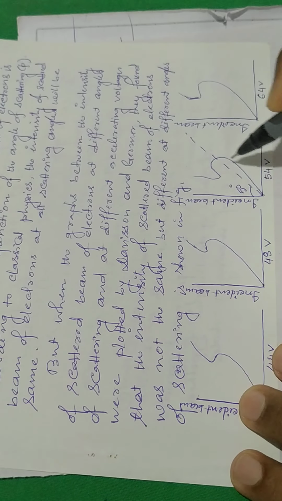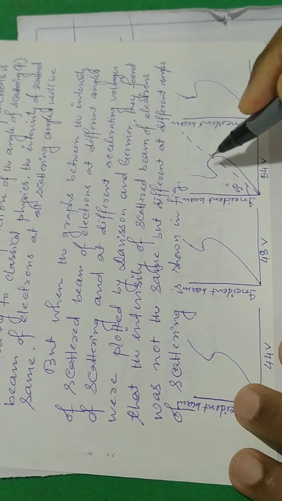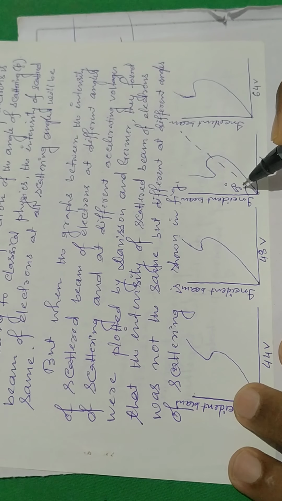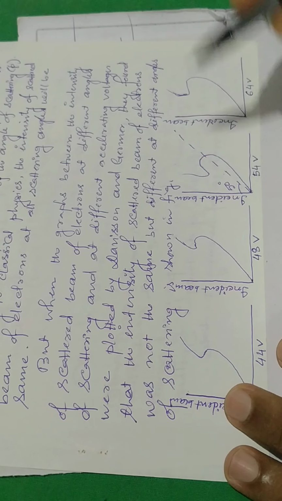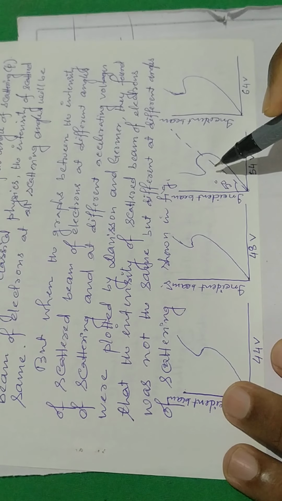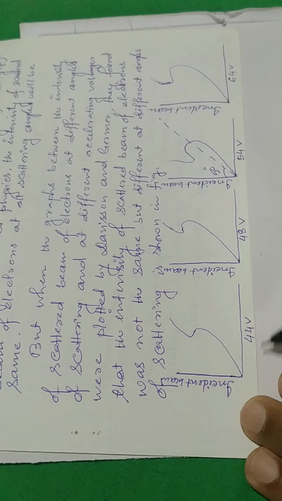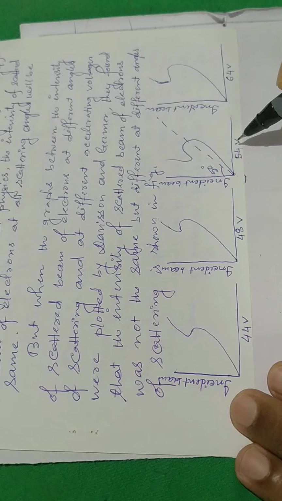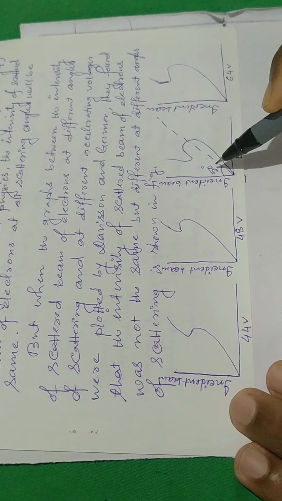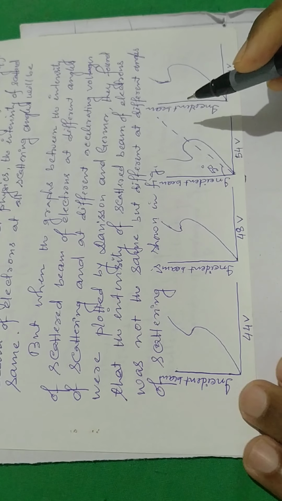At 54 volts the intensity curve becomes more pronounced, with higher intensity, at a scattering angle of 50 degrees. At a scattering angle of 50 degrees and a potential of 54 volts, the beam intensity is maximum, a sharp point.